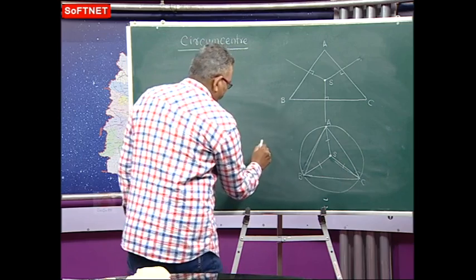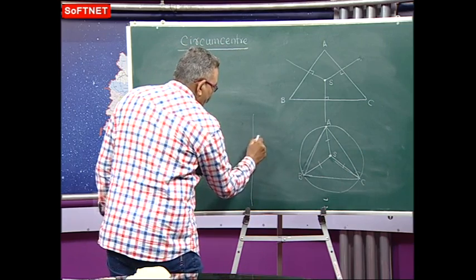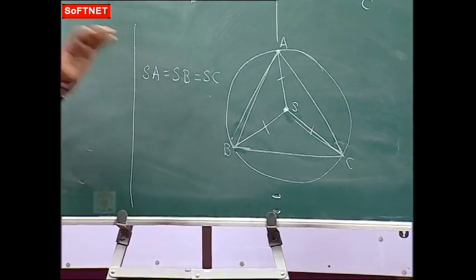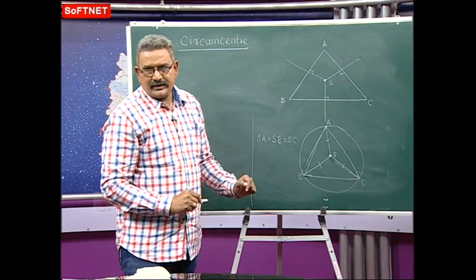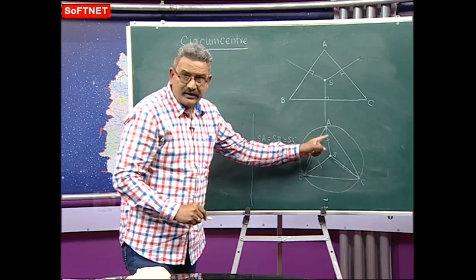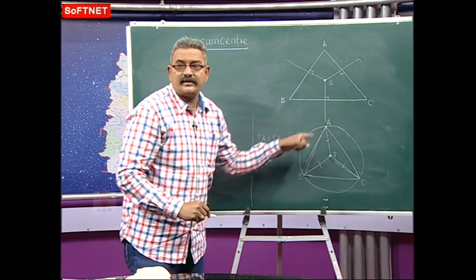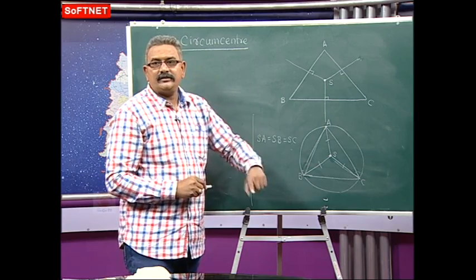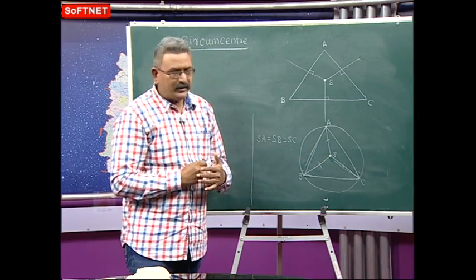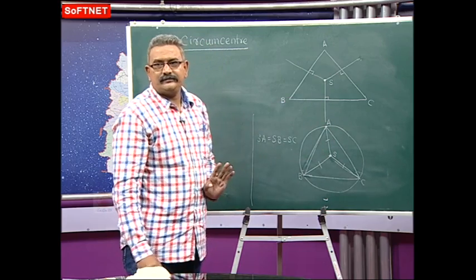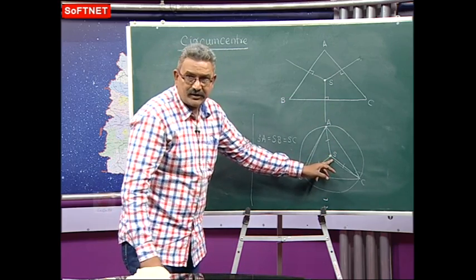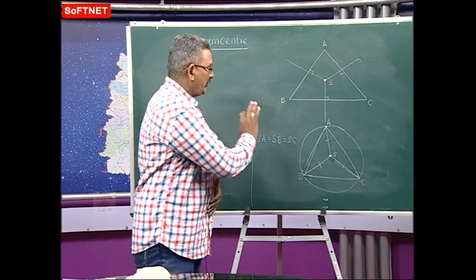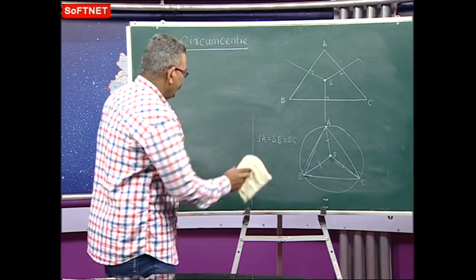Here we get SA equal to SB equal to SC. That means the circumcenter is equidistant from the three vertices of the triangle. The point equidistant from the three vertices of a triangle is nothing but the circumcenter. Understood? If S is the circumcenter, then SA equals SB equals SC. This is additional information.